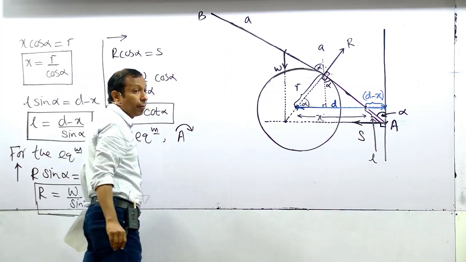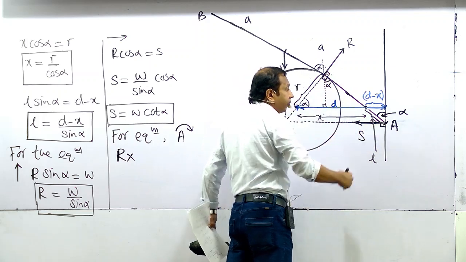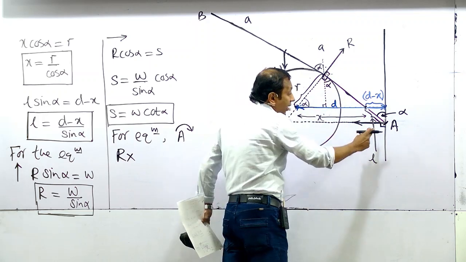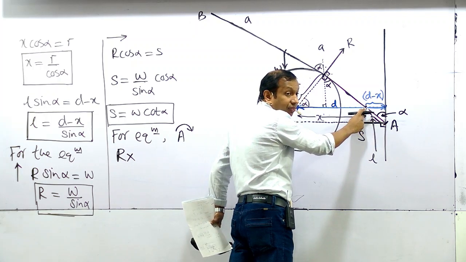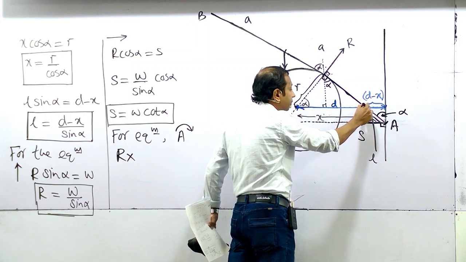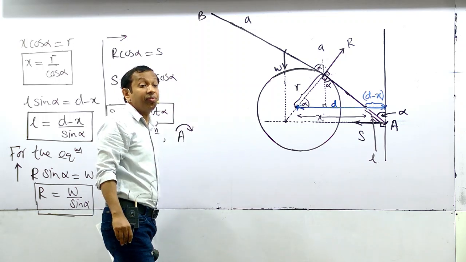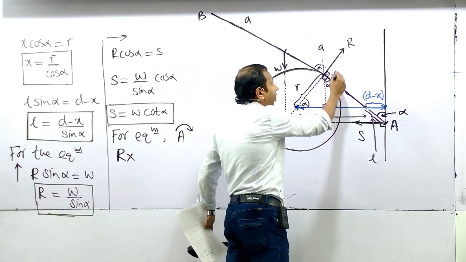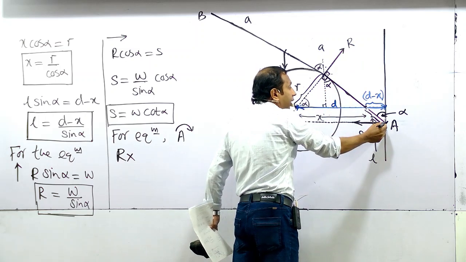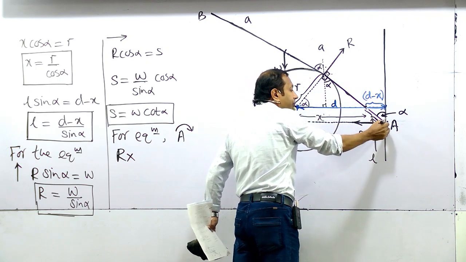R multiplied by the distance from here to here. What is that? L plus the length from here to here. When you take moment of R around A, for this R, the perpendicular distance from here to here, no?